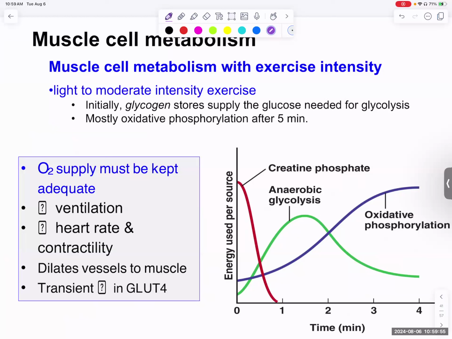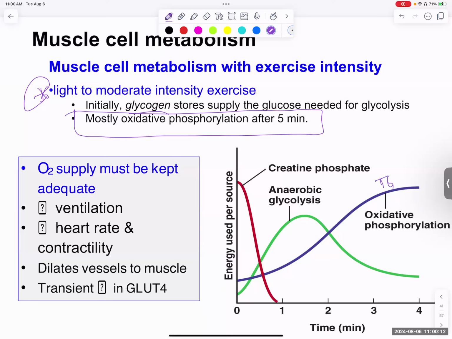So muscle cell metabolism with exercise intensity, if it's light to moderate, right? We're initially using creatine phosphate and then glycolysis. But after about 5 minutes, it's mostly oxidative phosphorylation, and we're using really triglycerides, lipids, fats. So we're getting a lot of ATP.